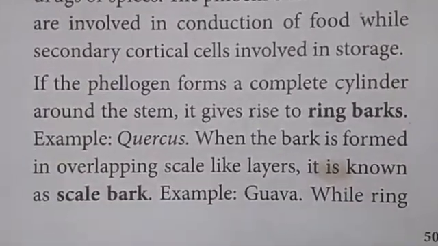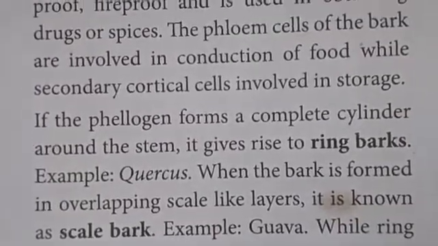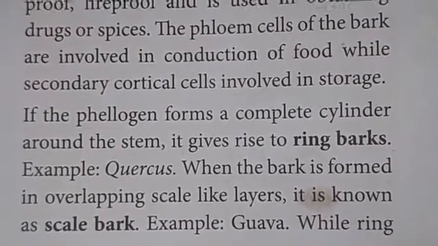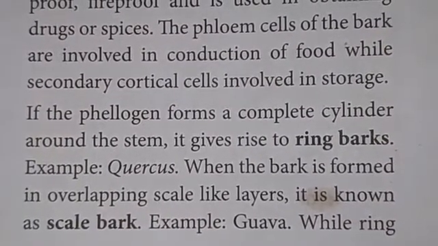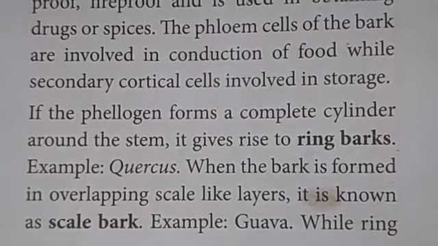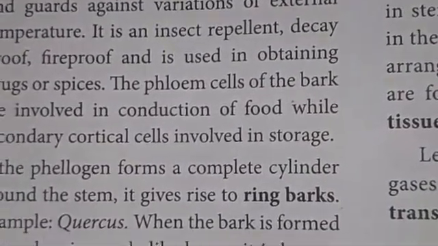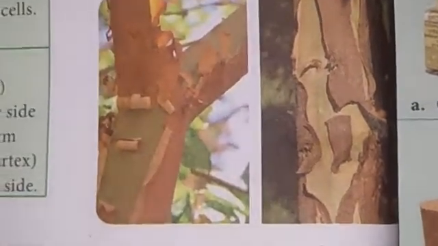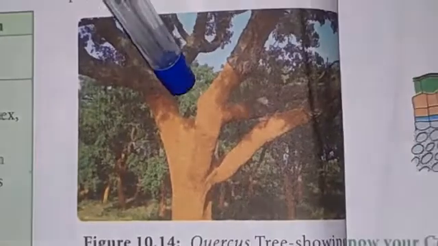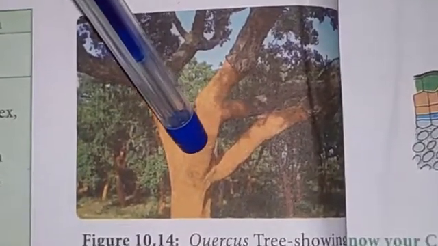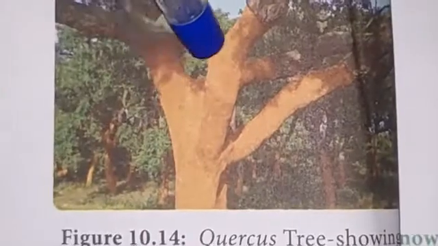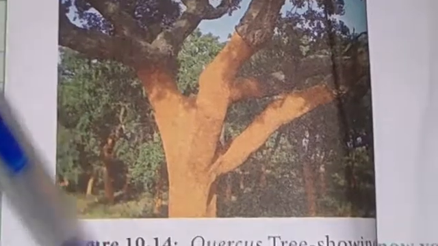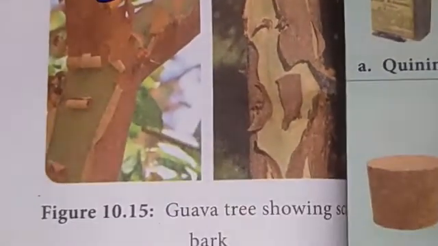If the phellogen forms a complete cylinder around the stem, it gives rise to a ring bark, for example in Quercus. When the bark is formed in overlapping scale-like layers, it is known as scale bark, as in guava.